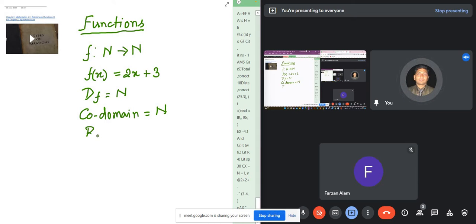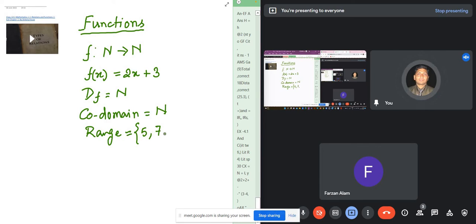But what will be the range of these functions? If we put x equals 1, what will we get? We will get 5. If we put x equals 2, then what will we get? 7.